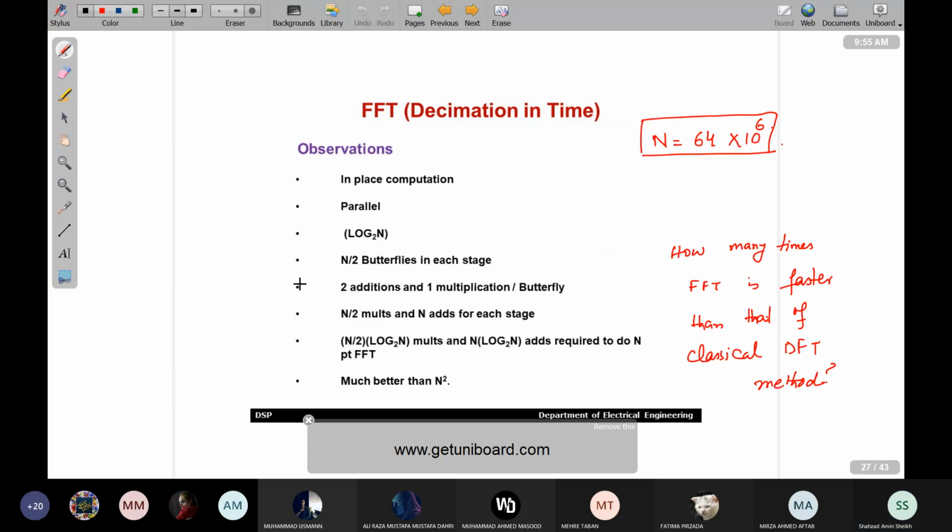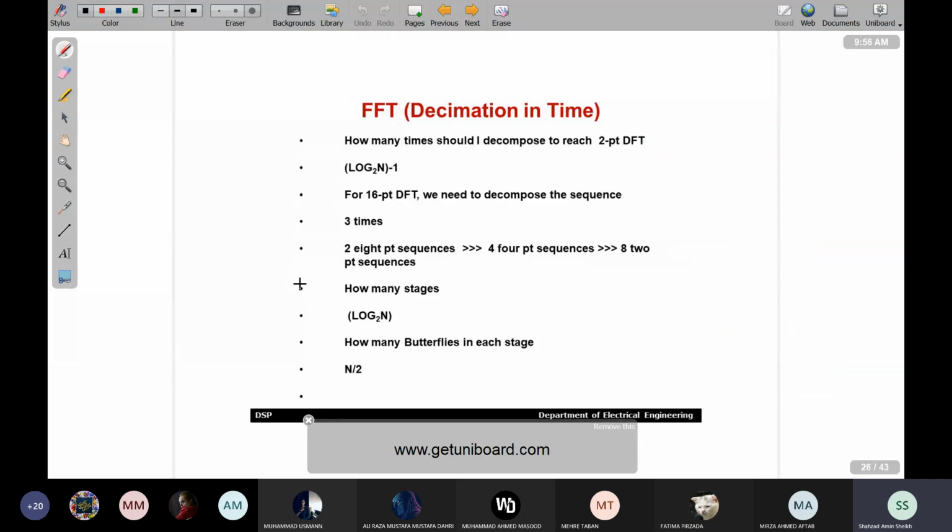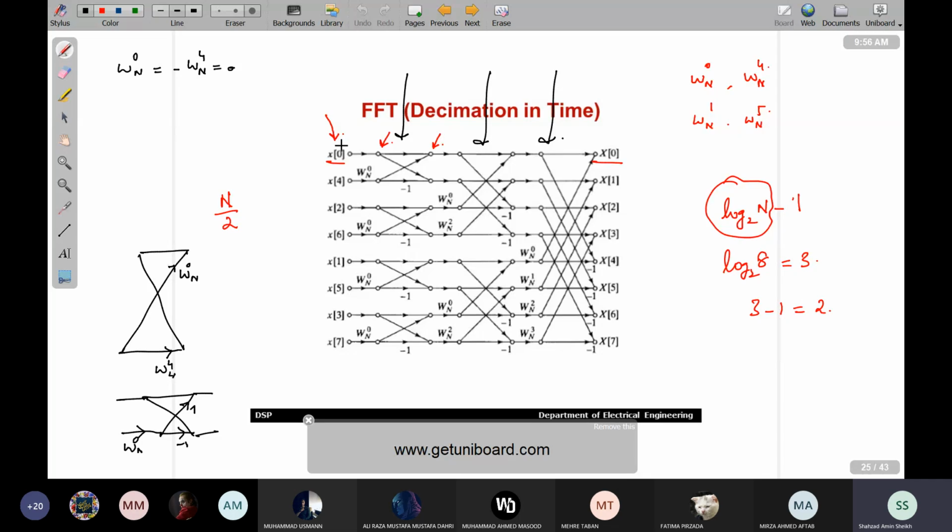ओके, तो जरा ऑब्जर्वेशंस जो हैं इस कंप्यूटेशन से अगर हम बात करें, this is called in-place computation. What do we mean by in-place computation? आप कंप्यूटर प्रोग्रामिंग करते हैं और आपने array of numbers उठाए, so this is my array of numbers जिसमें आपने स्टोर किया x0, x4, x2, x6, x1, x5, x3 and x7, and at this stage आपने स्टोर किया और फिर आप इस स्टेज पे पहुंचे. जब आप इस स्टेज पे पहुंचे तो x4 को आपने मल्टीप्लाई कर दिया था WN0 के साथ, x2, x6, x5 और x7 को, और आप इस लेवल पे पहुंच गए थे.